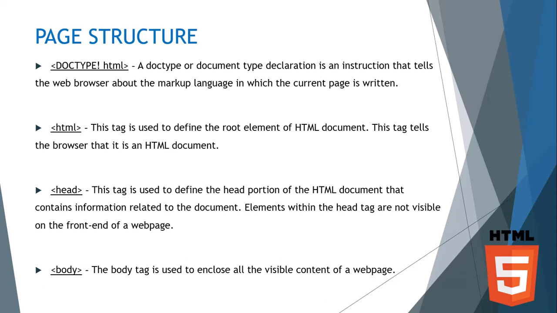You can find the link, the meta tag, and the title tag in the head tag. And the body tag contains every content you want to put in your web page.